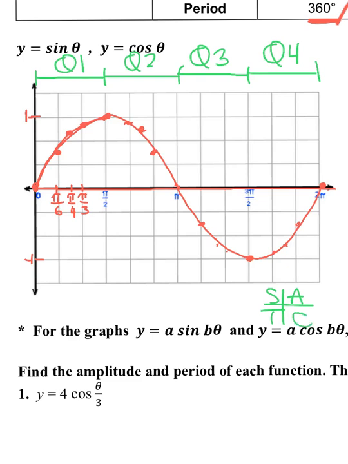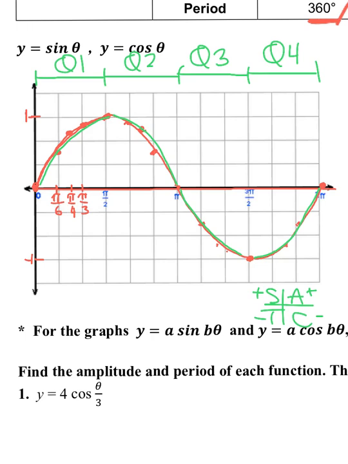For sine, it's positive in the first and second quadrant, negative in the third and fourth quadrant. And we can see that. It's positive above the x-axis, first quadrant, second quadrant, and then in the third quadrant we go negative, and fourth quadrant's also negative. So you can see that it goes along with that unit circle.